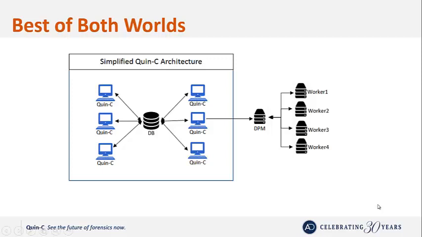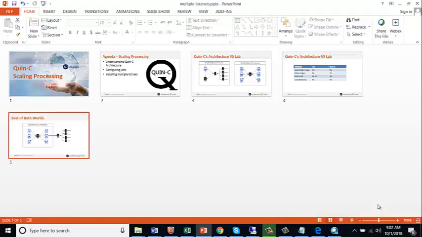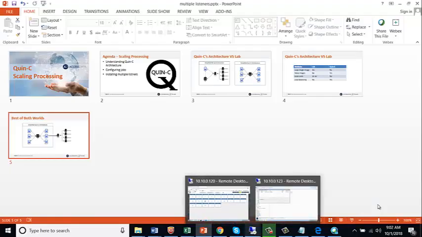Quincy can easily communicate with lab and with their DPE processing structure. So if you wanted to set up one Quincy that had the ability to process that 100 terabyte image, you can go ahead and do that. That's not particularly tricky.